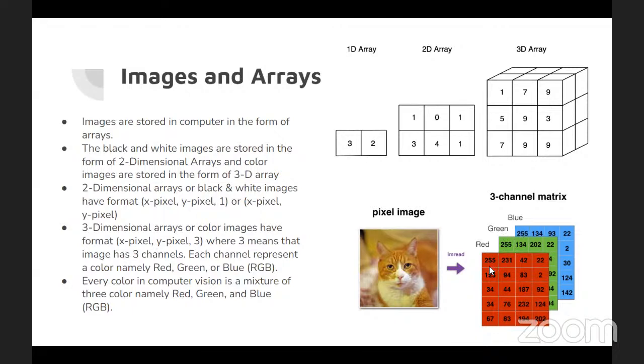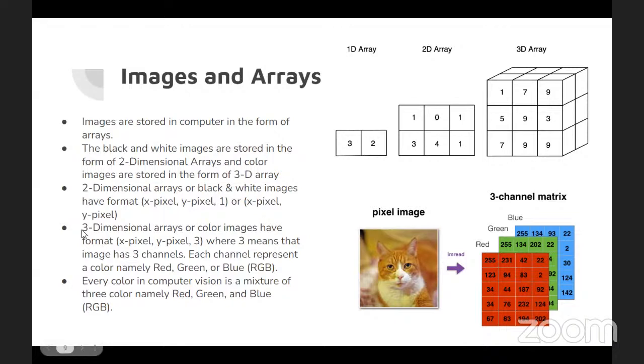When we mix red, green, blue in this intensity, we get this first pixel. So in computer vision, every color is a mixture of red, green, and blue.